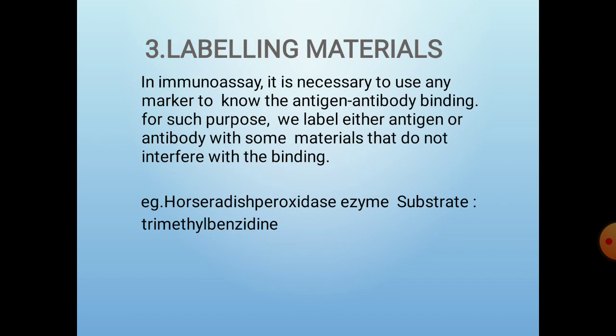Labeling material. In immunoassay, it is necessary to use a marker to know the antigen antibody binding. For such purpose, we label either antigen or antibody with some material that does not interfere with binding. The example is horseradish peroxidase enzyme, and as substrate we use tetramethylbenzidine.